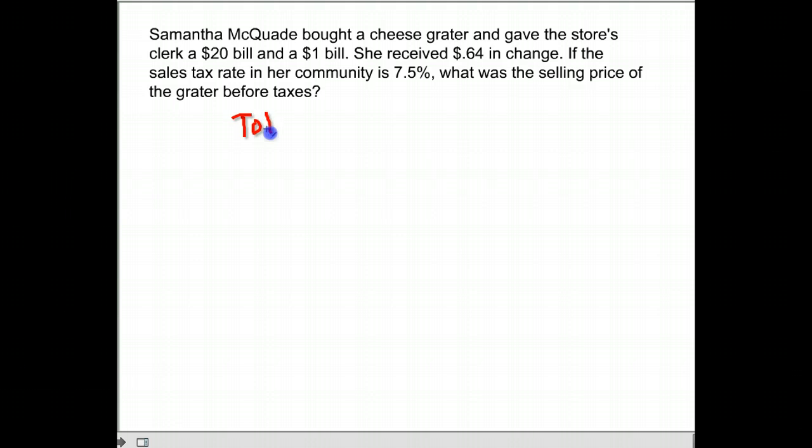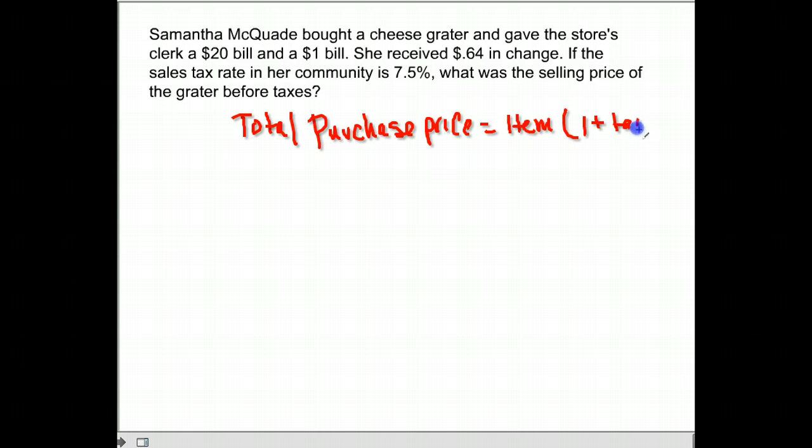Okay, and we're going to say the total purchase price is the price of the item times 1 plus the tax rate. I'm going to use that one because it's going to be easier to solve it that way.